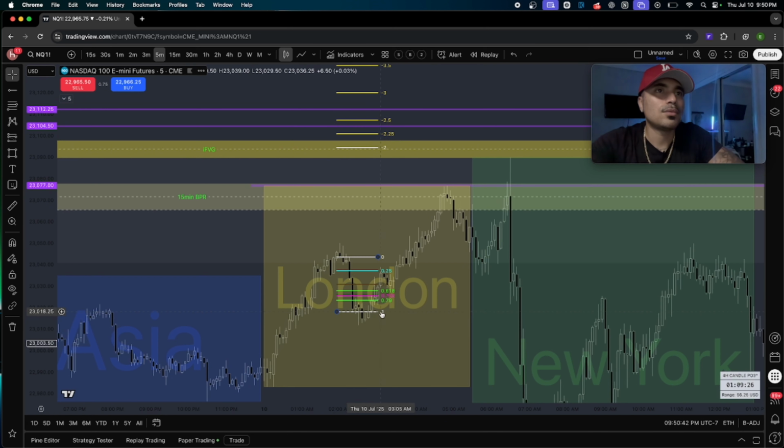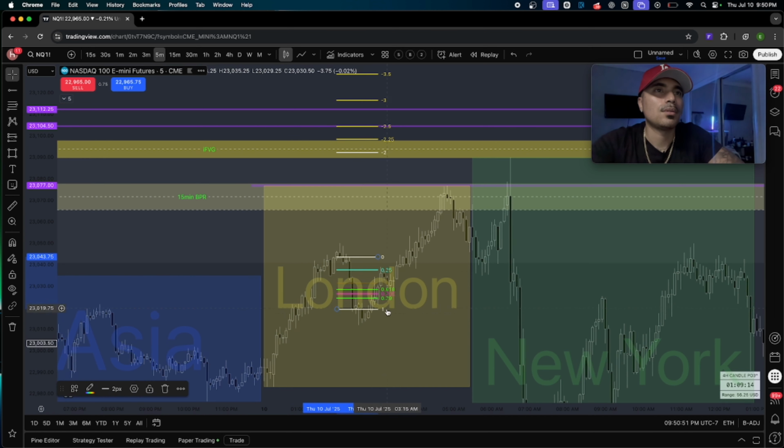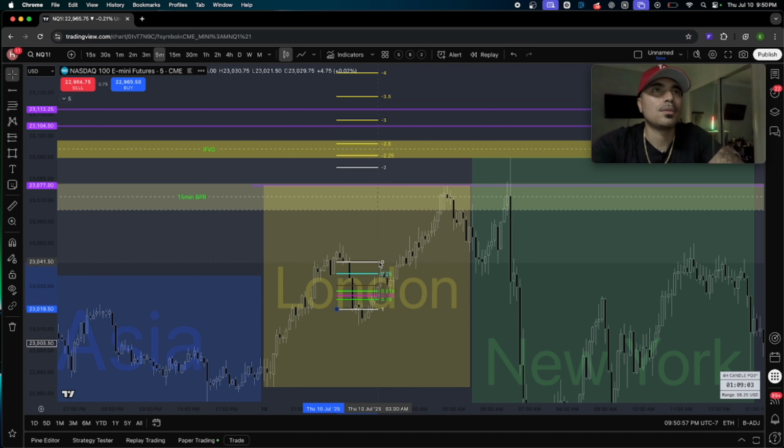So, which one was it? I think it was this one. That was the base of these candles.